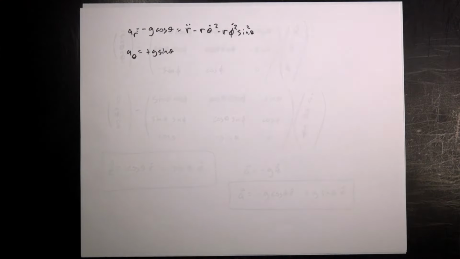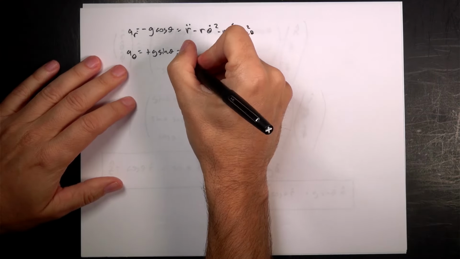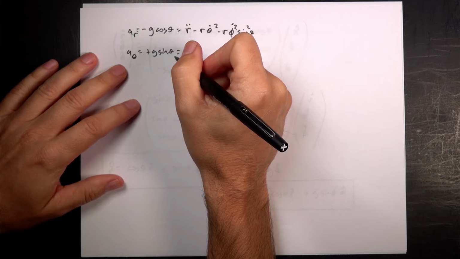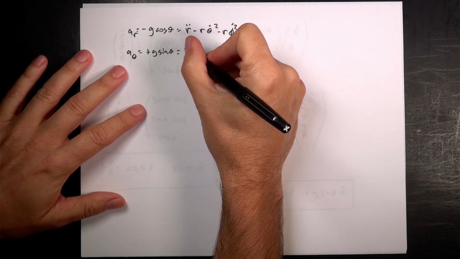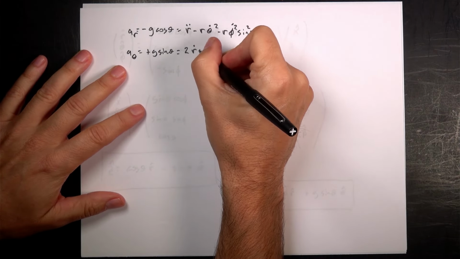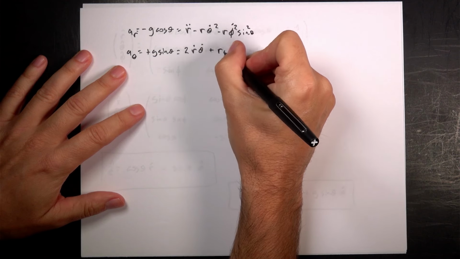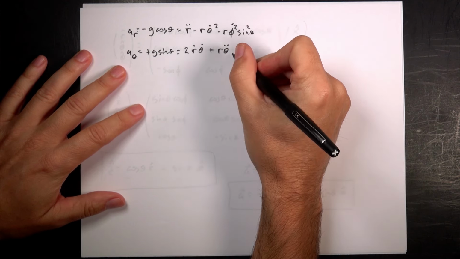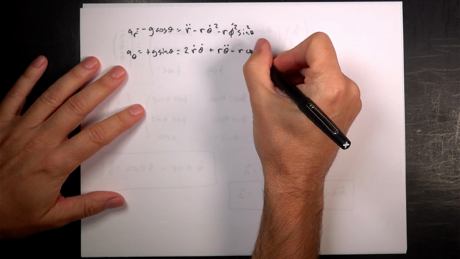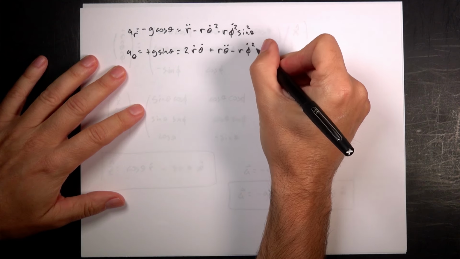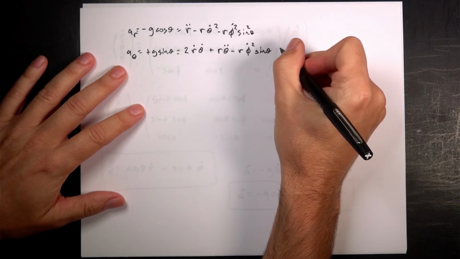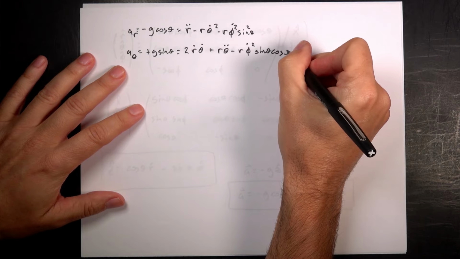I'm just trying to think if that makes sense. Yeah, that makes sense. Okay. And now I can relate that to the theta hat component of the acceleration, and I get 2 r dot theta dot plus r theta double dot minus r phi dot squared sine theta cosine theta.